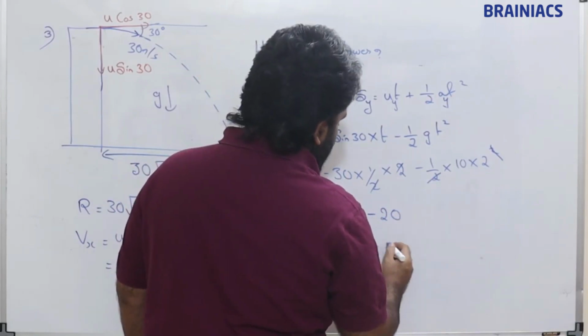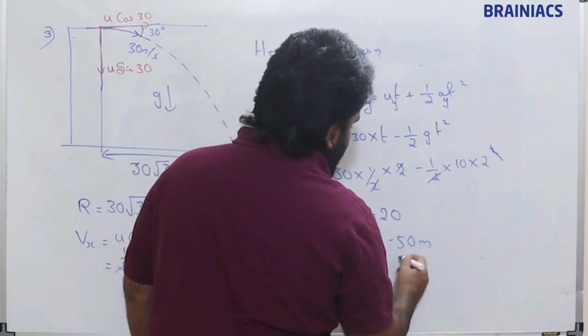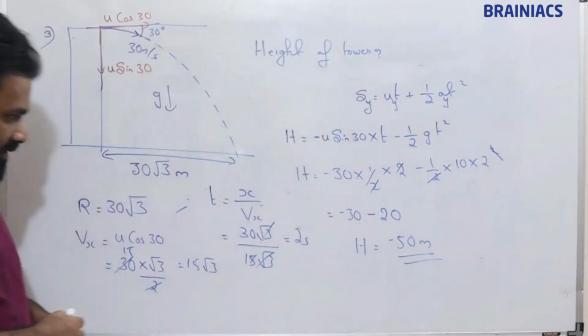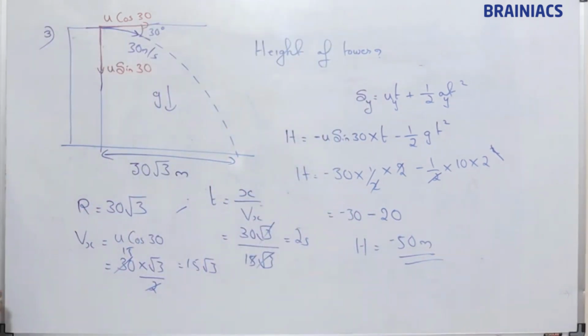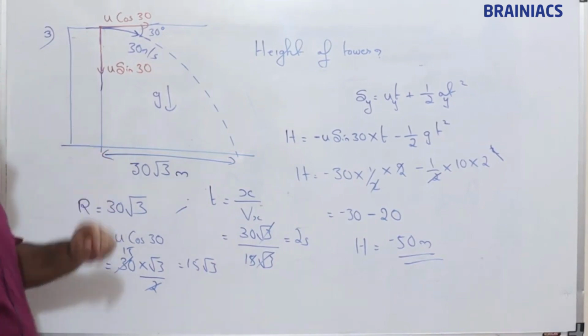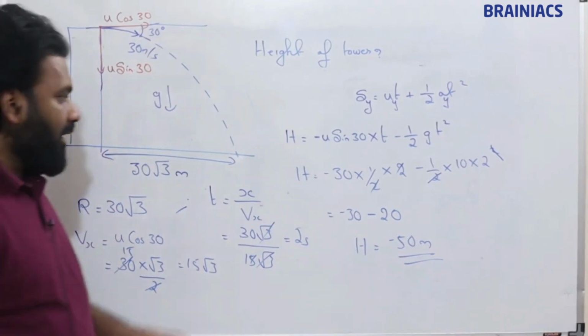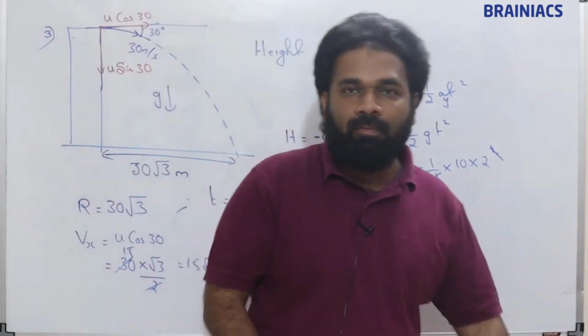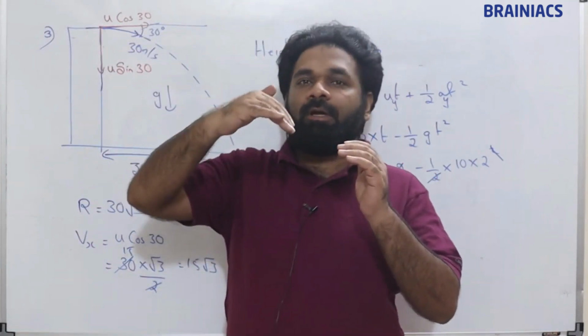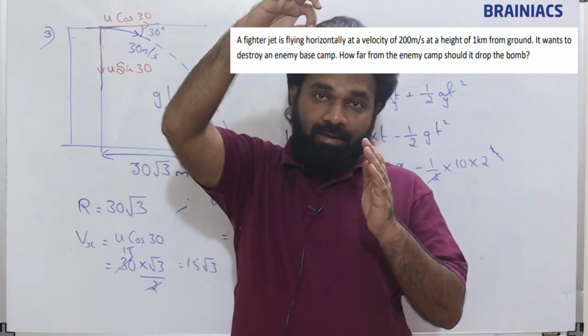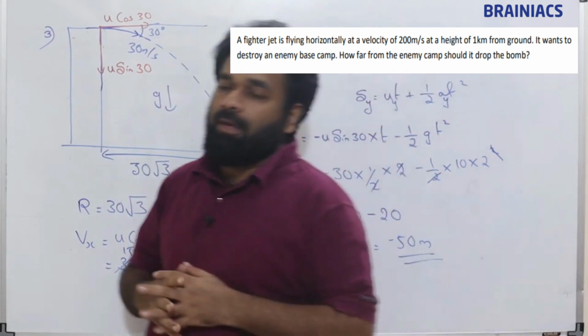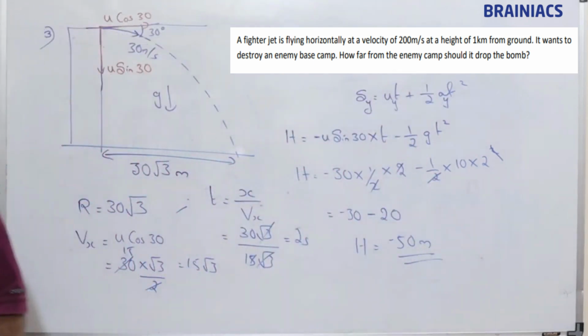So height of the tower is nothing but minus 50 meters. We have taken the sign like that, so we got minus, and height of the tower is the displacement from the initial point. That is why we are considering that as negative.